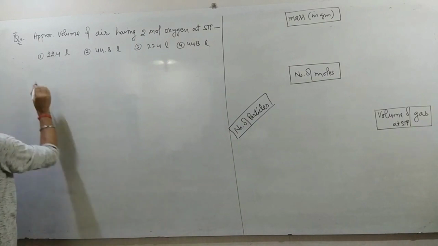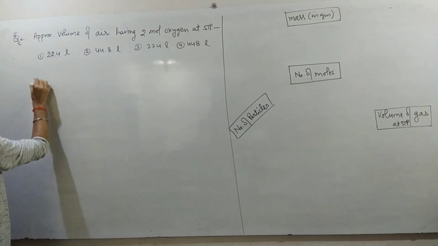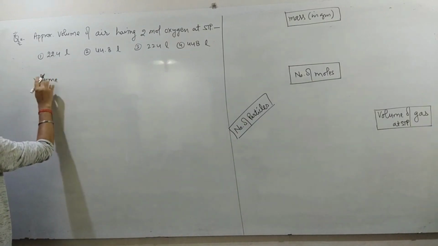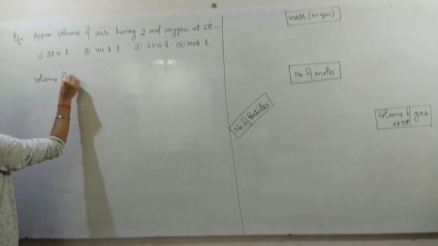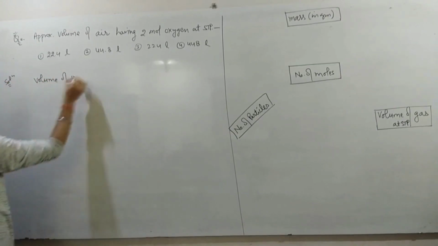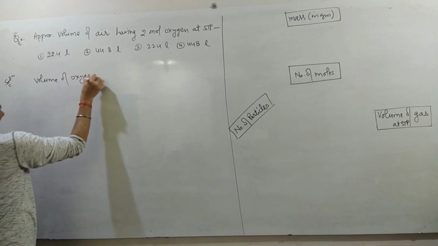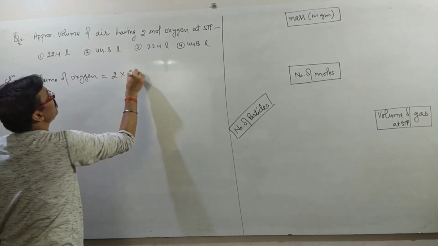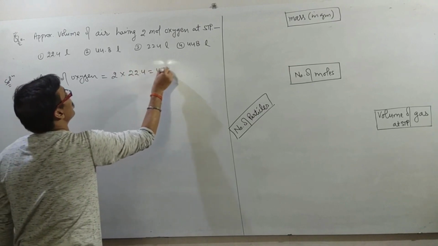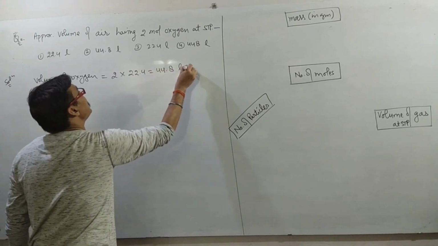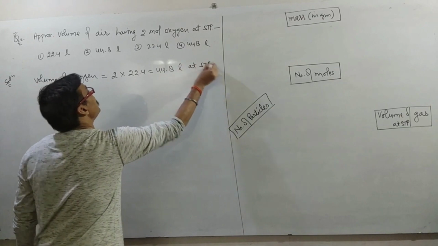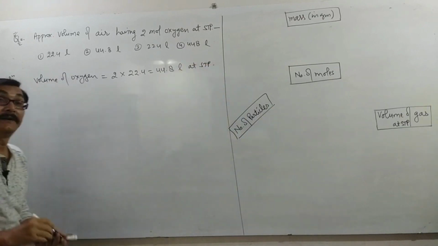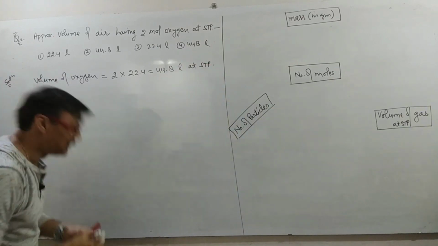As we all know very well, the volume of oxygen will be number of moles into molar volume 22.4, that is 44.8 liter at STP. But what is the general information?